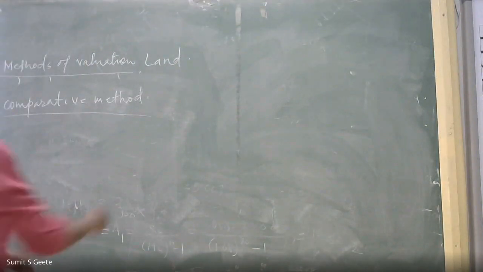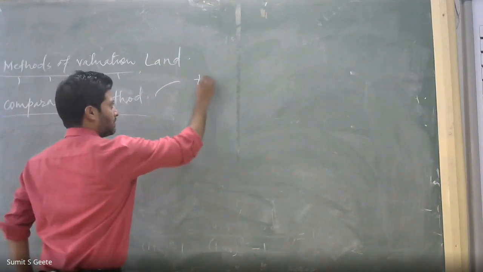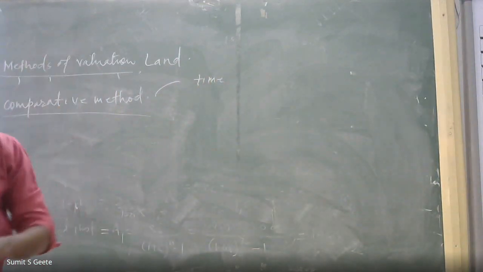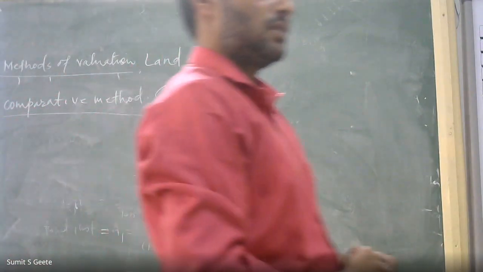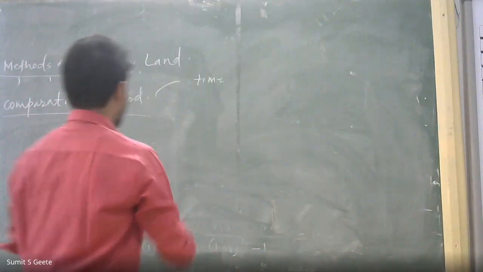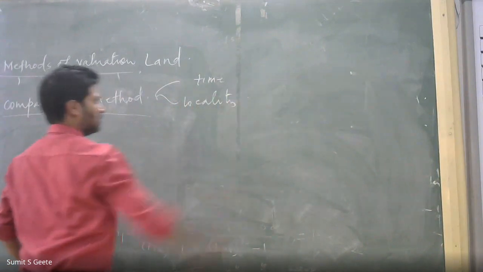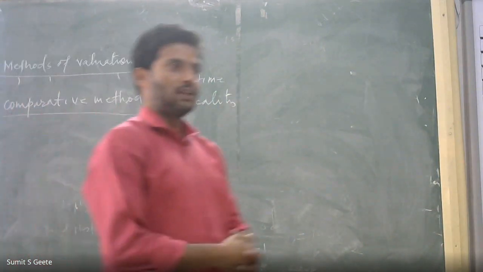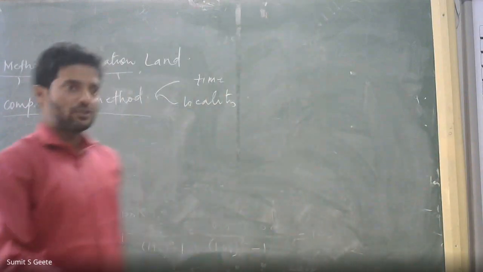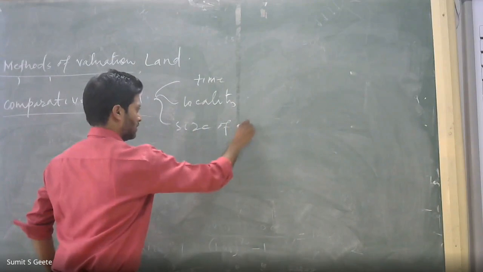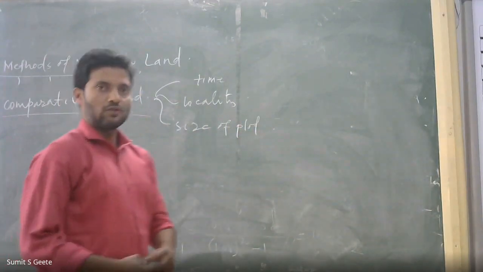The first point is that time is important. Don't consider the rate from 2 years ago. Second, locality is again an issue: in which location you have that plot. The size of the plot also matters.